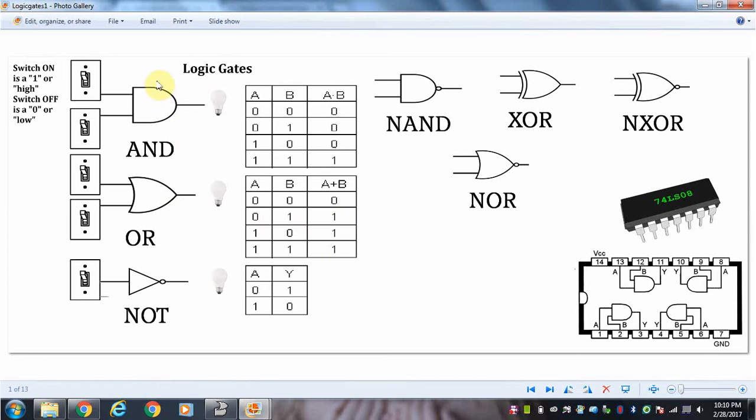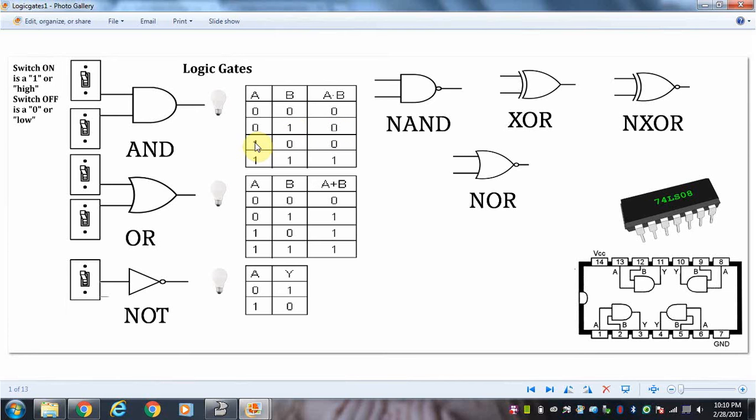Let's jump up and take a look at AND. AND is different. Remember, this has a flat side at the end here. And the truth table is different for an AND gate. If both switches are low, the light bulb will not turn on. If one of the switches is high and the other one's low, it still will not turn on. Same here.